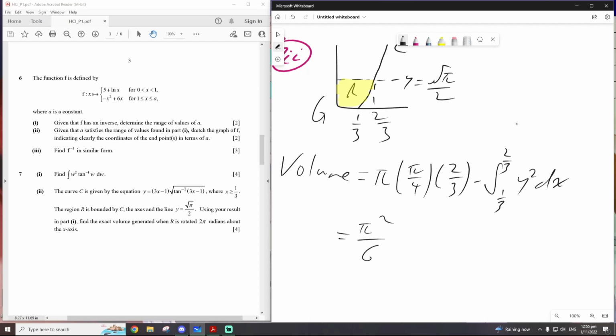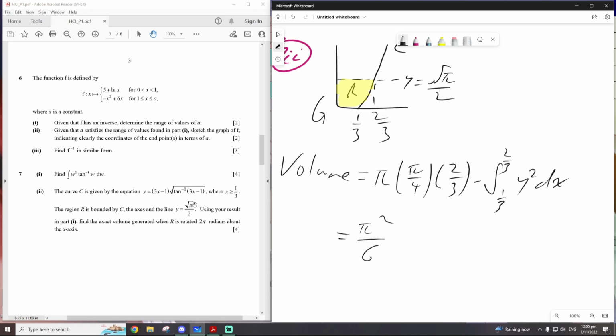Okay, how do I integrate this? Notice that we actually found the integral of w squared tangent inverse of w. So it's the exact same corresponding thing, except that your w is 3x minus 1. So I can sub w equals 3x minus 1. The only caveat is that now integrating with respect to w, I must replace my dx by dw.